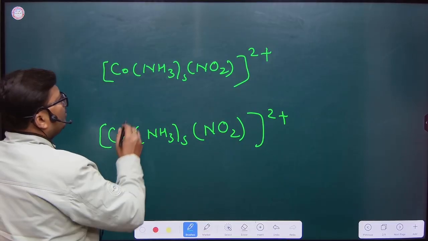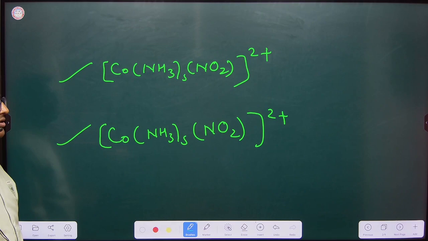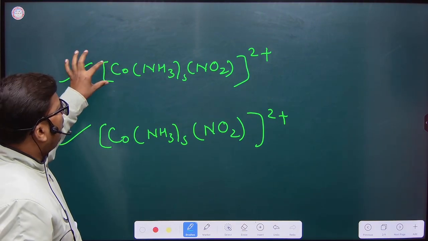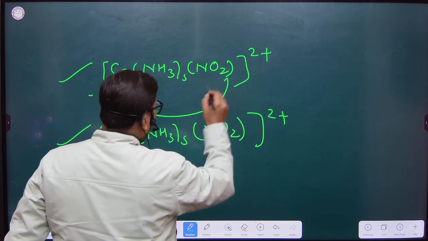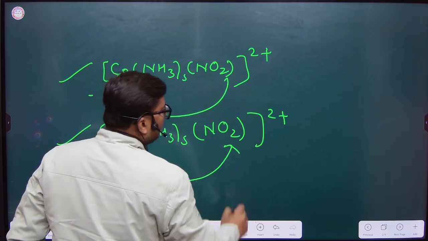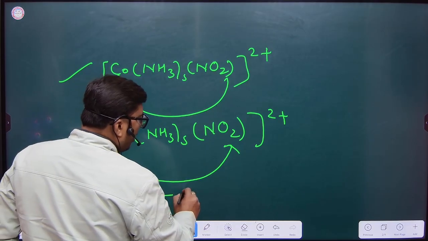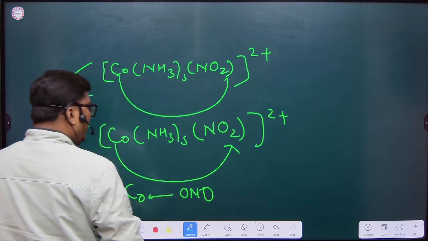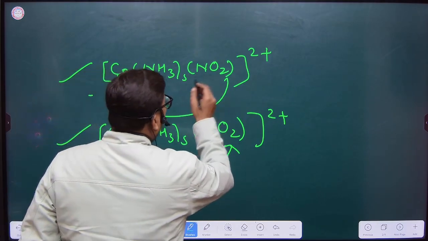But both these two structures are the same, right? But the bonding fashion of this cobalt and this NO2 is different. Here cobalt bonds through O, here nitrite through O, here nitrite through N, right?